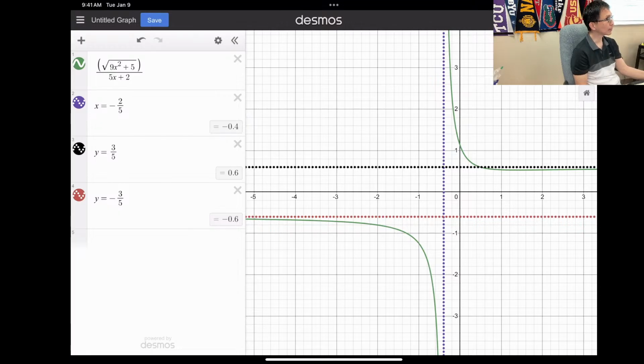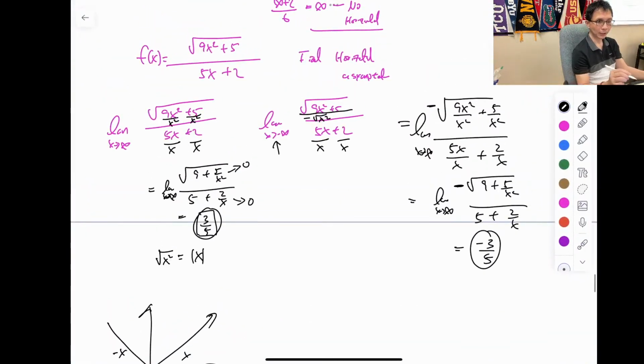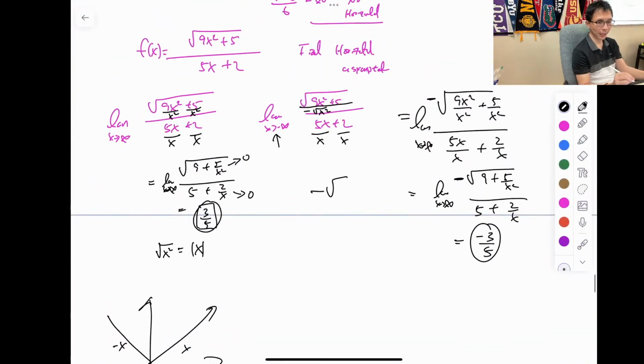I didn't get why, when you said the limit as x goes to negative infinity, there was a negative on top. Because remember, when you go to negative infinity, you're going to treat it as a negative root x squared. It's going to be negative x. It's because absolute value of x is two functions: negative x for x less than 0, and positive x for x greater than 0.